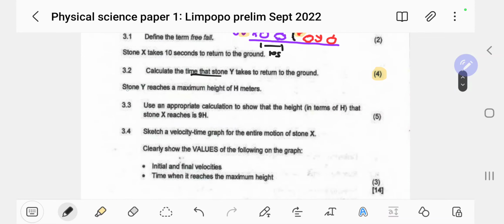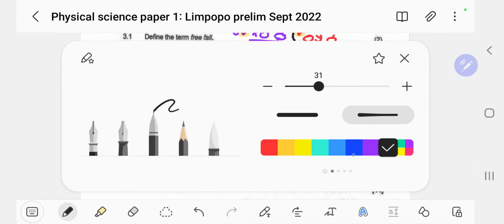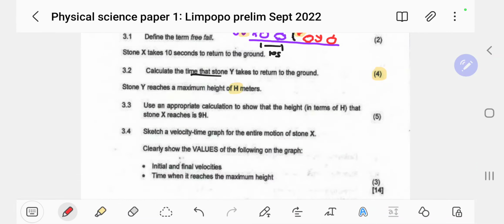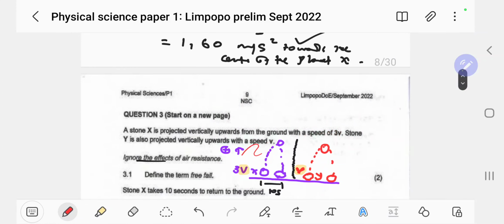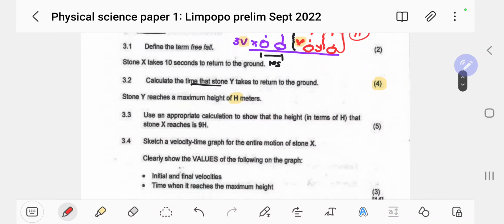Now we are told here stone Y reaches a maximum height h. So what do we know here? The maximum height of that stone is h, meaning from the bottom to the very highest point that it reached in its motion.